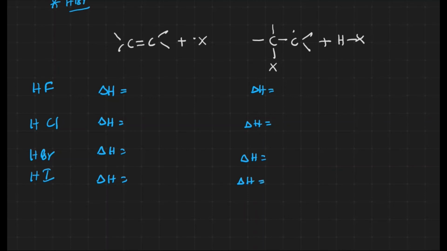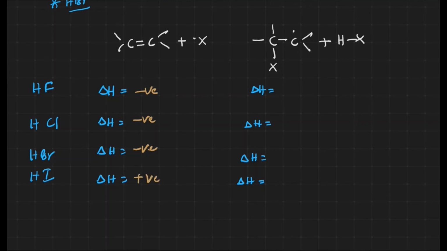Generally in the first step, what is happening? Addition of halogen is taking place, with fluorine, chlorine, bromine. All these delta H values are going to be negative, which in general means spontaneous. But only iodine is going to be the positive one.